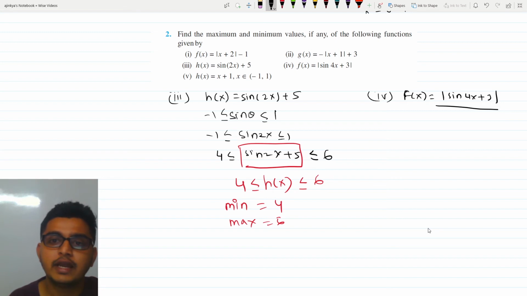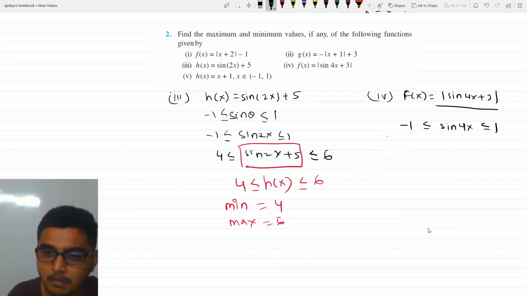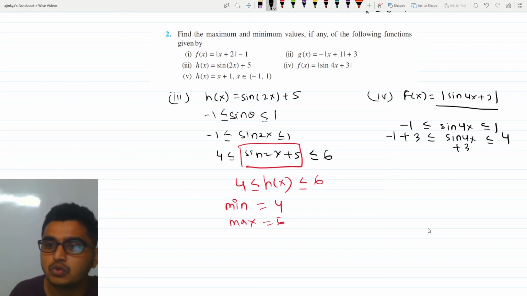And for that we can use the same technique of sine theta. So can we say sine 4x is lying between minus 1 and 1? It's very obvious, right? So if we add 3 to all the terms, minus 1 plus 3, sine of 4x plus 3, we can say that this function is lying between 2 and 4.